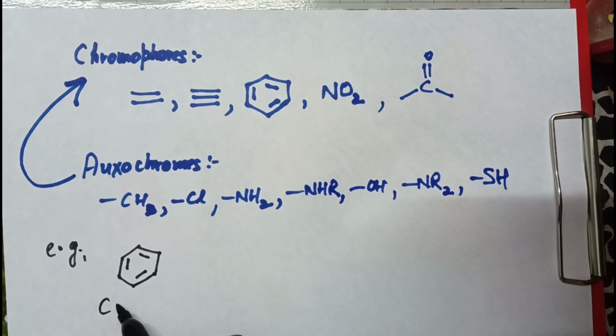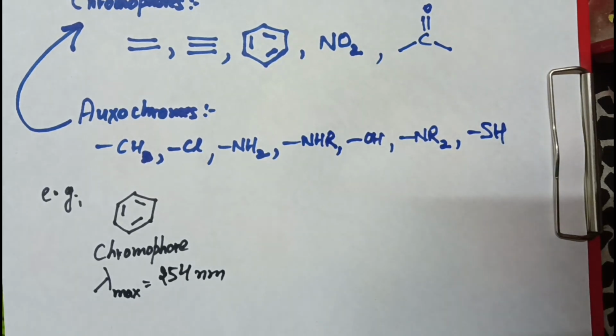This benzene is a chromophore. It has lambda max of 254 nanometer.